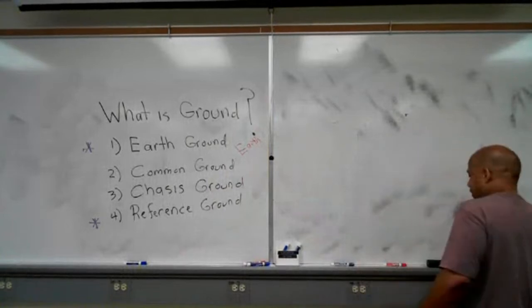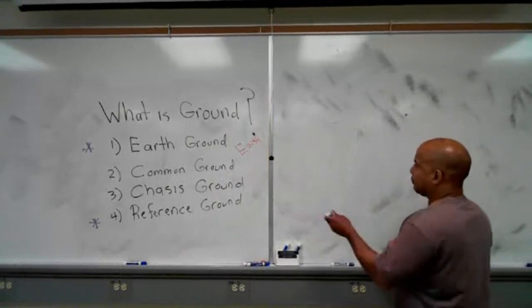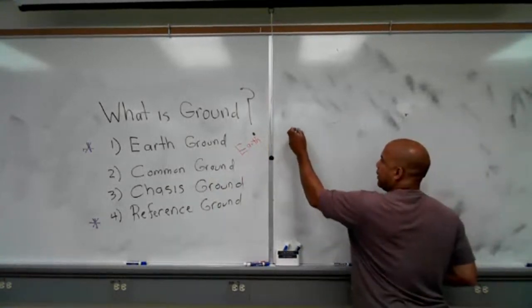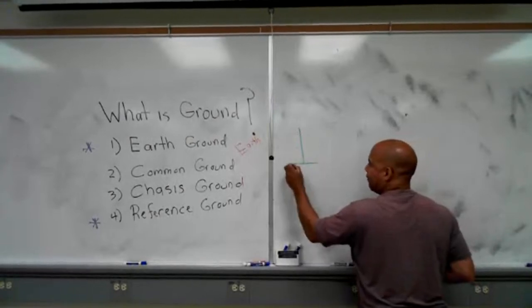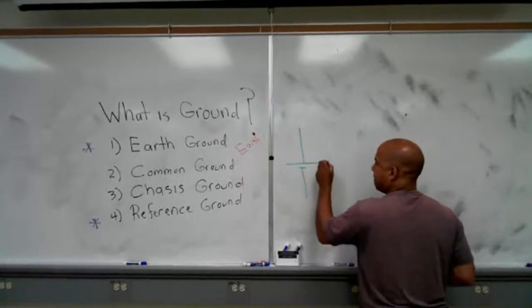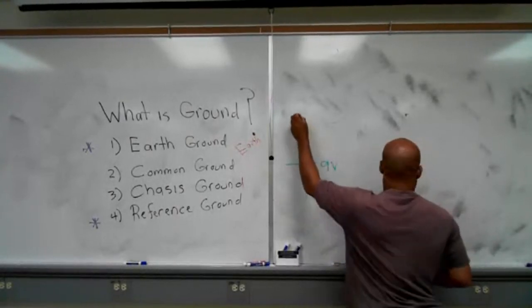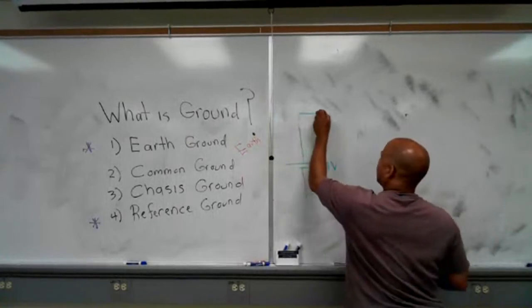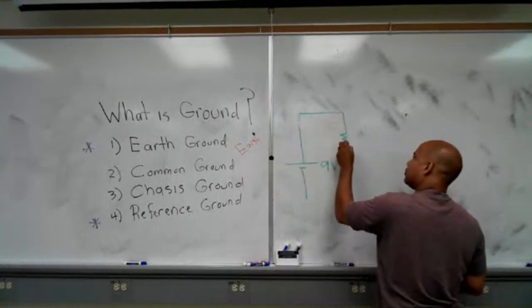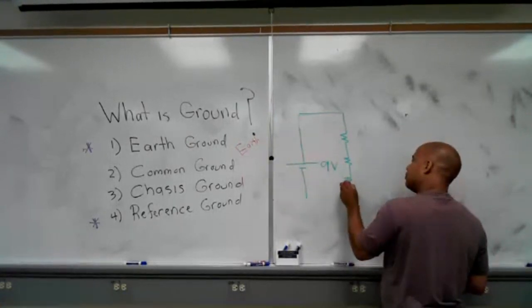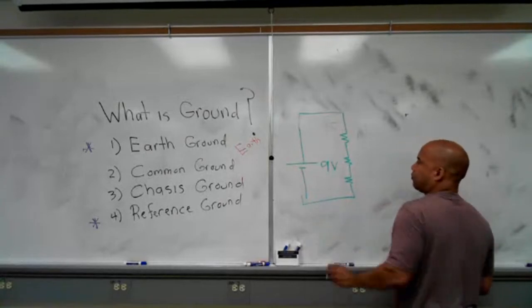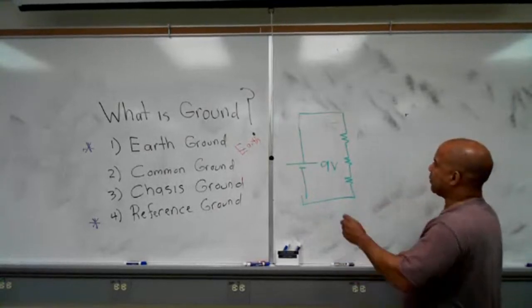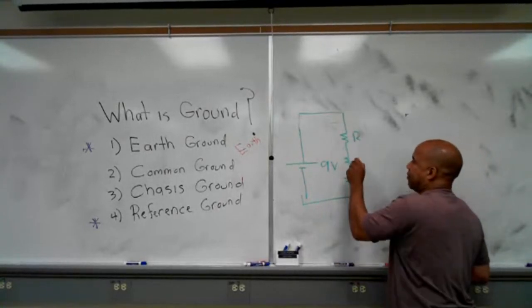Say I have a circuit. I'll make it real easy. We're going to have a 9-volt battery. And I got 3 resistors. Each resistor is going to be the same value.